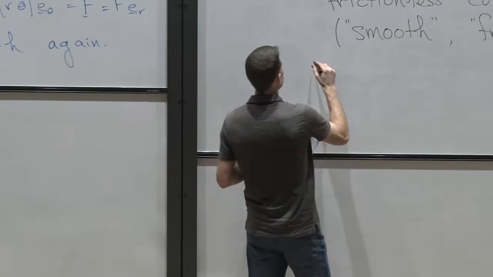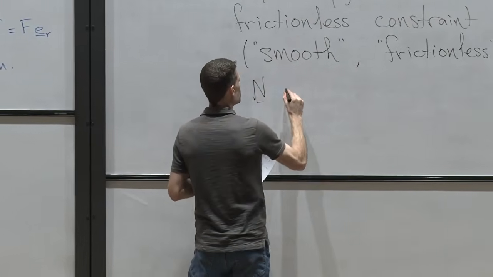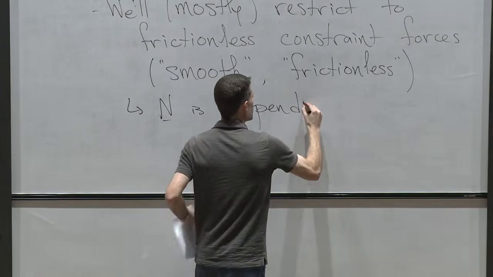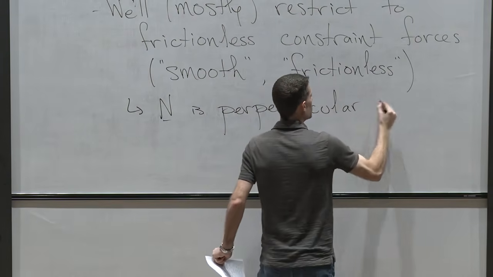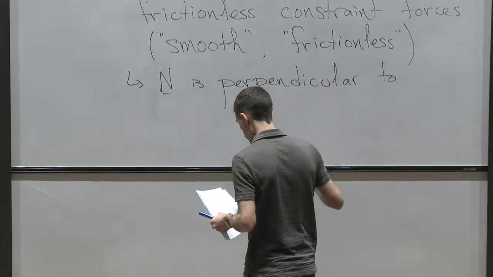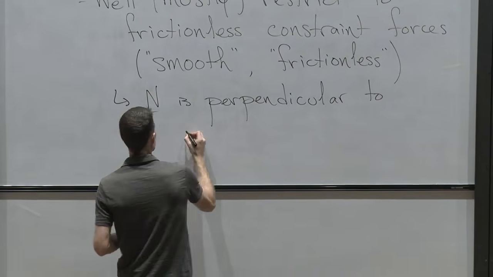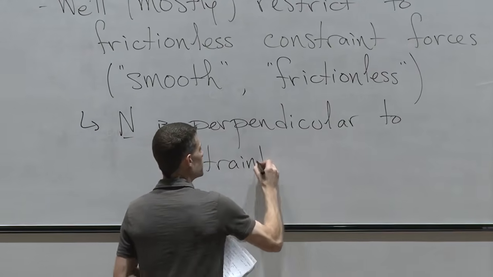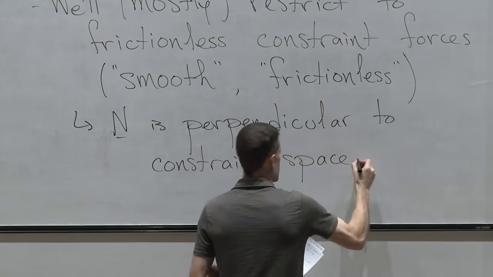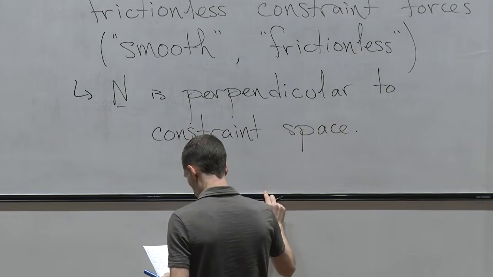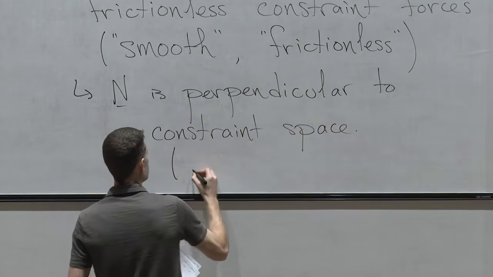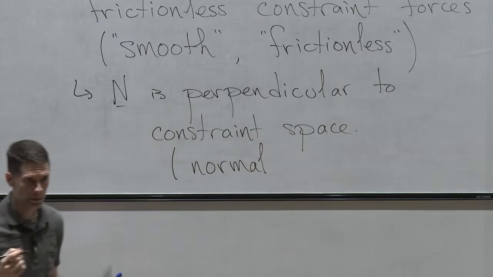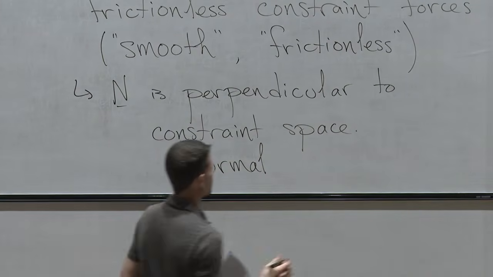So N is perpendicular to the constraint space. We've already had this terminology, but remind ourselves that we call it the normal reaction force.